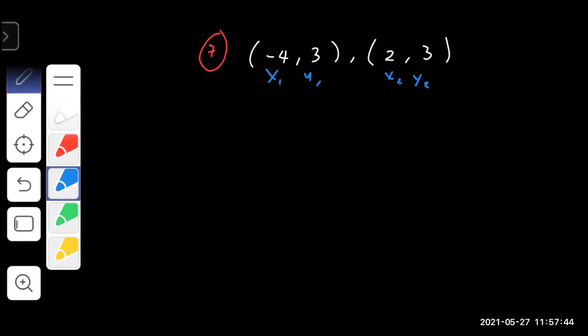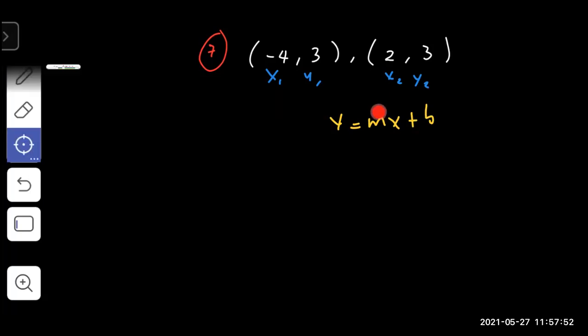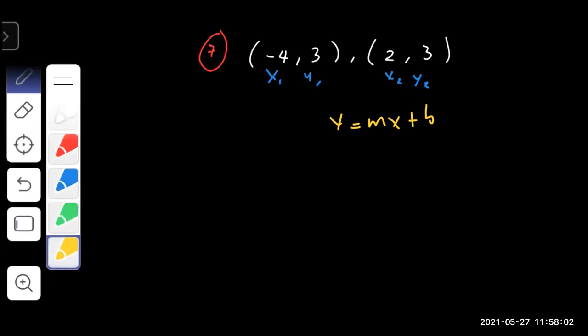Now I need to find y equals mx plus b. This is the slope-intercept form. Keep that in mind. Do I know m? No. Do I know the y-intercept? No. I know nothing. So bad, these points.